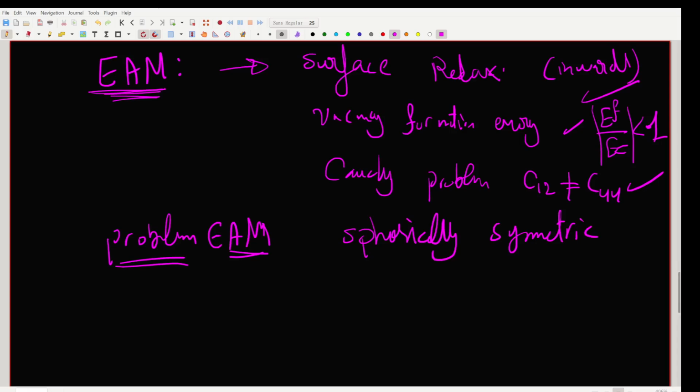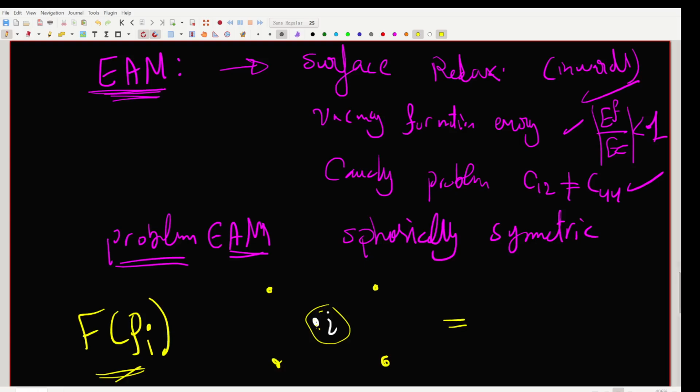What that means is that if you have a central atom I here, and it's, let's say, surrounded by 4 atoms like this, the energy at site number I, which is F of rho I, the embedding energy, that nonlinear term here, is exactly the same if, let's say, this is atom I here, and these two neighboring atoms were like this. As long as the distances are the same.